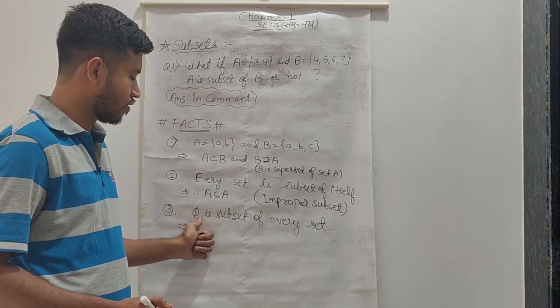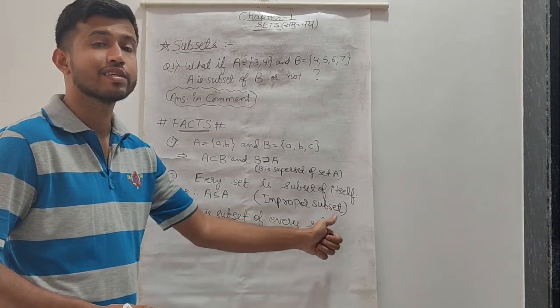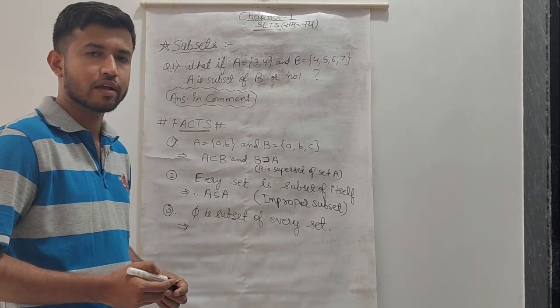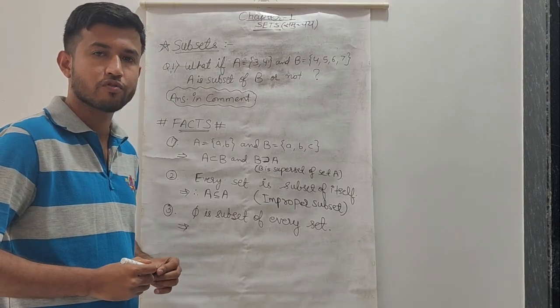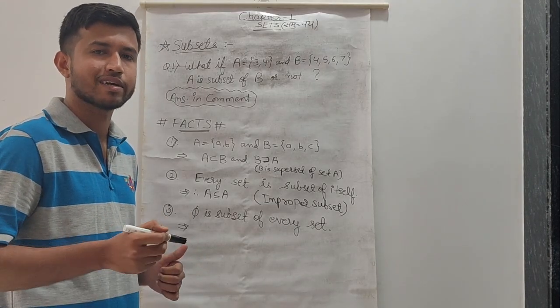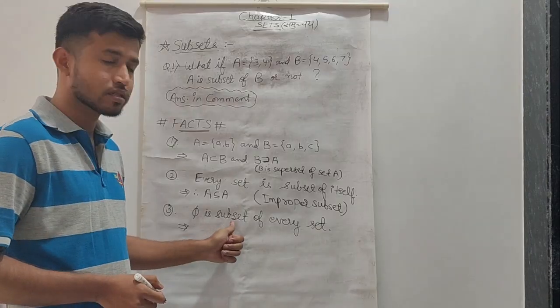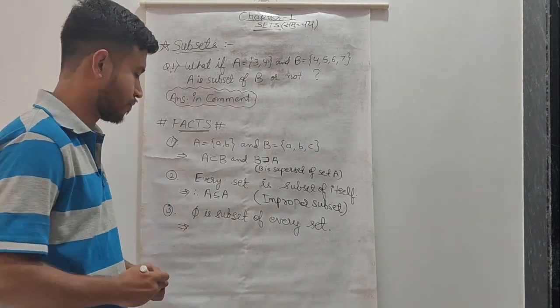Next, phi is a subset of every set. We have studied phi, the empty set, null set or void set. It is a subset of every set.